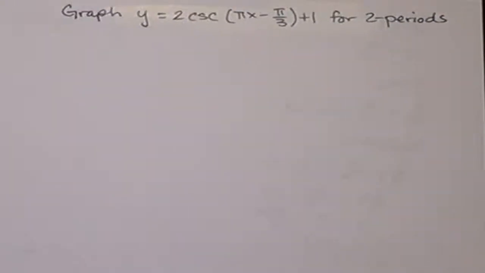Okay, so let's look at the second one here. So let's look at the cosecant. So y equals 2 cosecant of pi x minus pi over 3 plus 1, and we want to graph this for two periods. So similarly to what we did for the secant curve, we're going to start by rewriting the equation in its general form and finding our values for the variables.